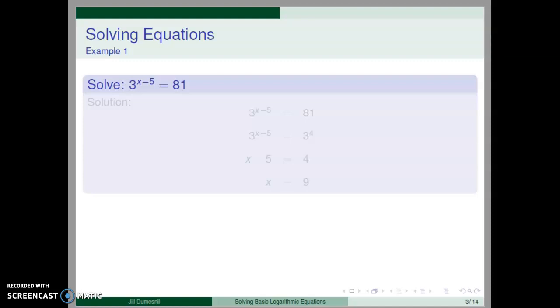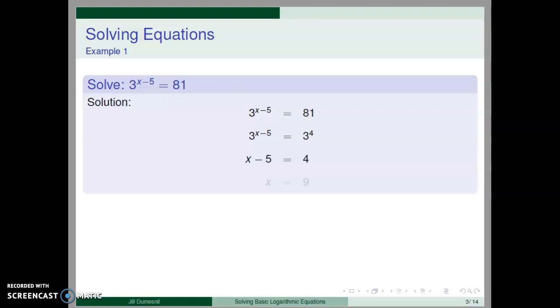Let's first solve the equation 3 to the power x minus 5 equals 81. We start with the given equation and note that we have an exponential expression on one side. Rewriting 81 as 3 to the 4th produces equal exponential expressions with equal bases. Therefore, the exponents must be equal.